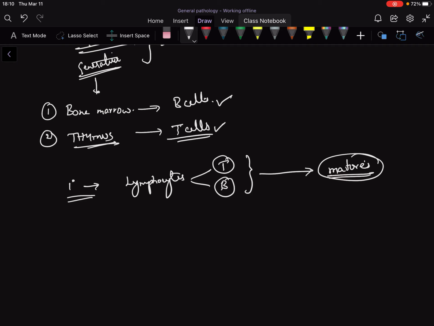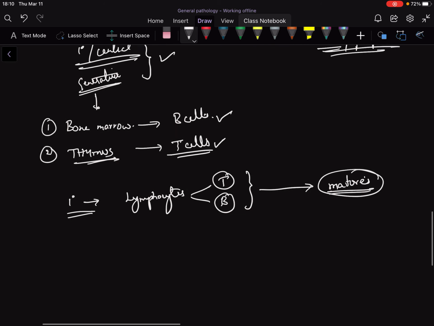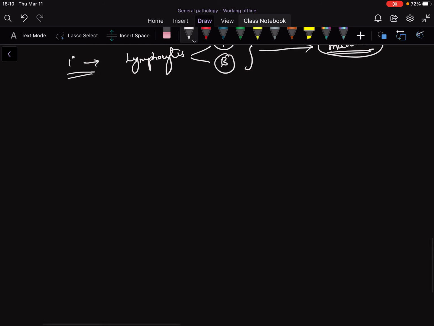So that was about primary lymphoid organs, and next we will talk about secondary lymphoid organs. So what are the organs which come under secondary lymphoid organs?